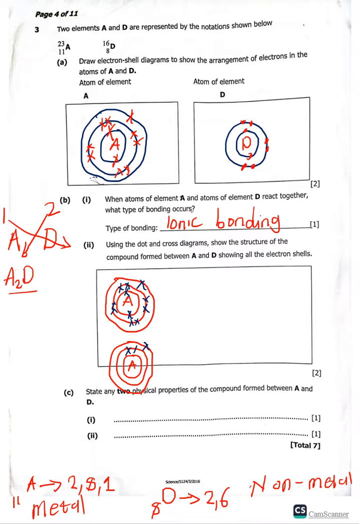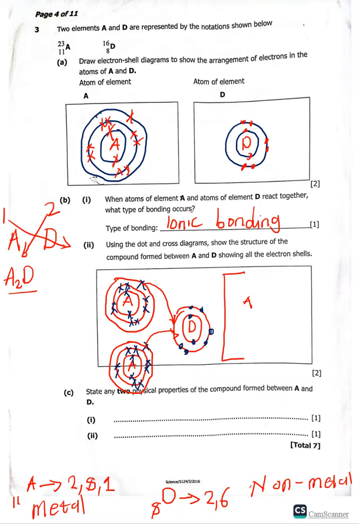With this one we have the same. Now let's look at the atom for D. So this A will transfer 1 electron here, and this one will transfer its electron too. So now we can have this.